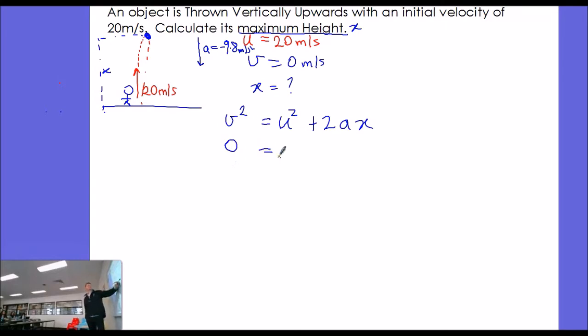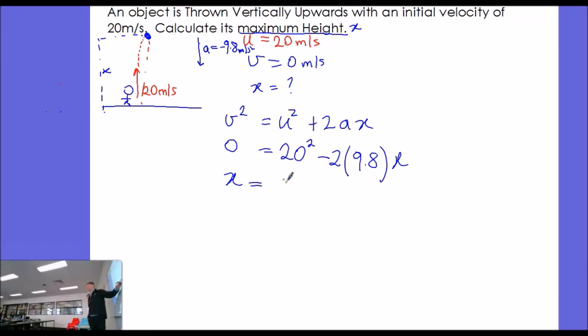We know its initial velocity of 20 meters per second, squared, minus 2 times, this is where we add our negative 9.8, so that's the same as just doing a subtraction, multiplied by x.